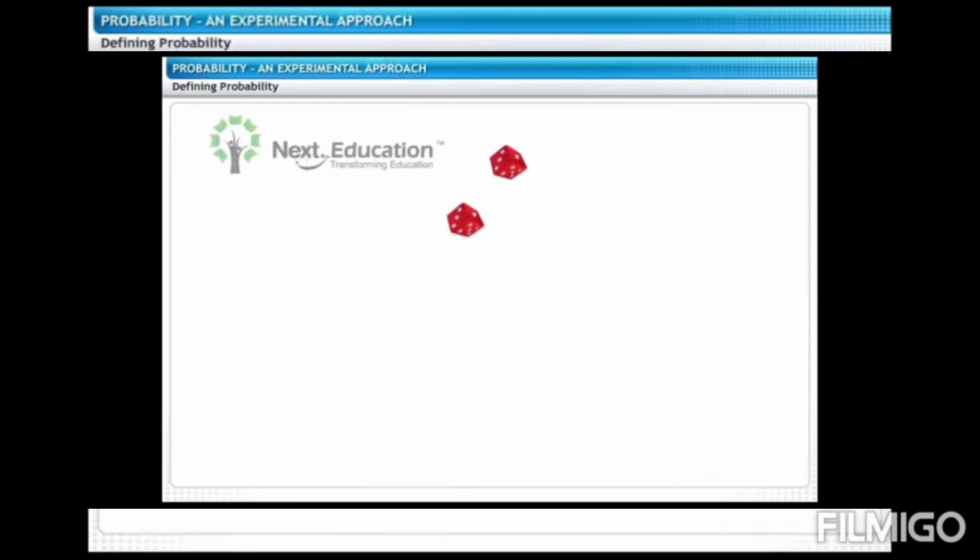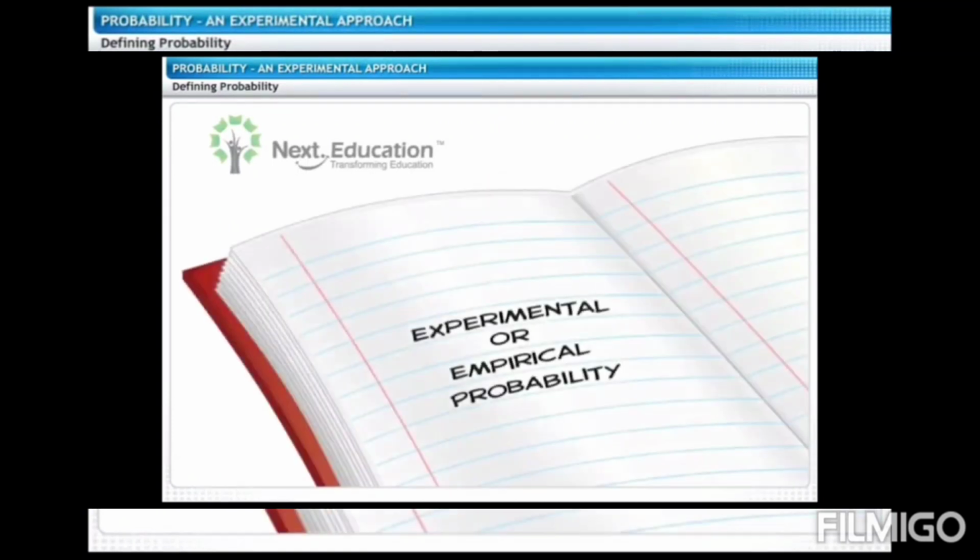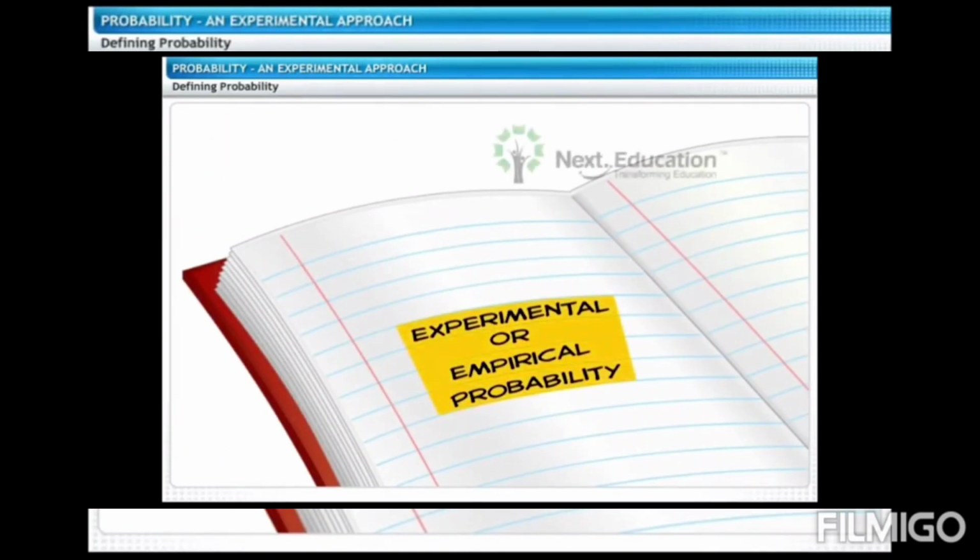Over the years, various activities have been performed to measure probability. Based on the results of these activities, experimental or empirical probability is calculated. We will understand the term experimental or empirical probability later in the lesson.